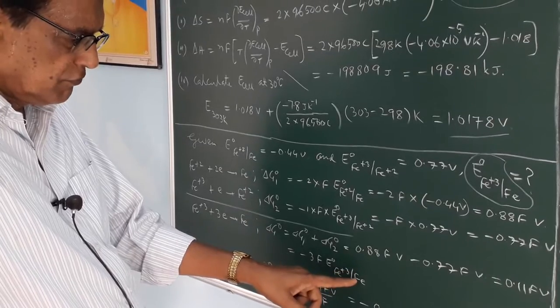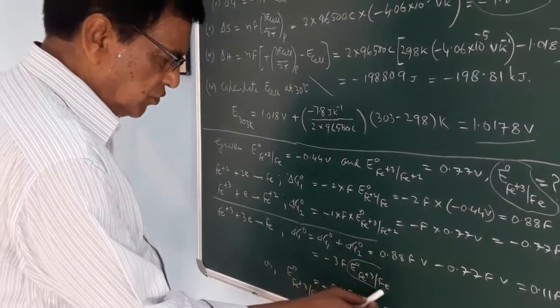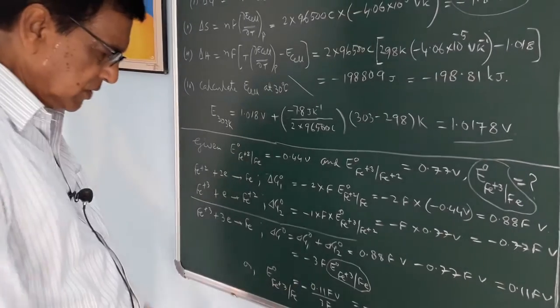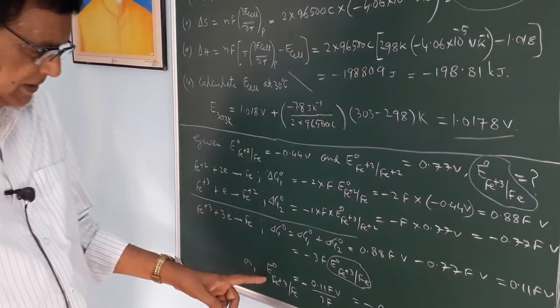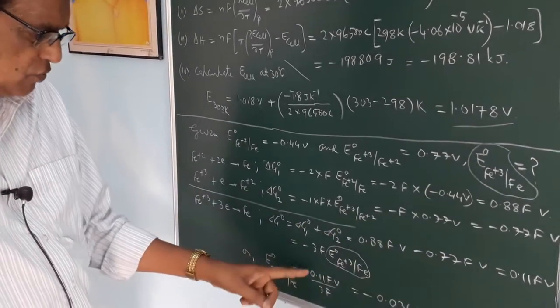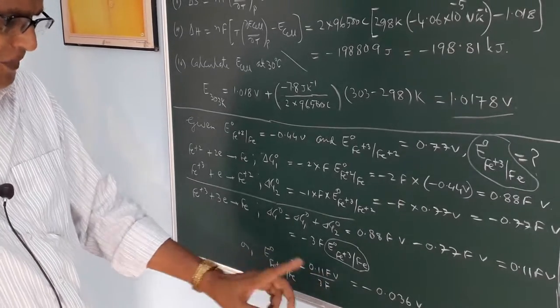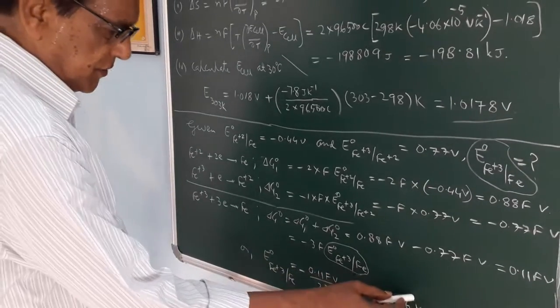So the value we would like to calculate equals minus 0.11 F volt divided by 3F. So this is the answer.